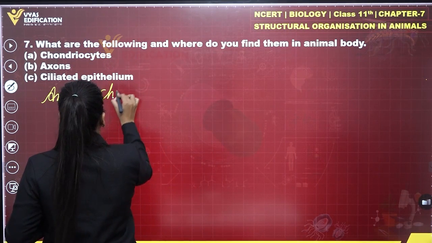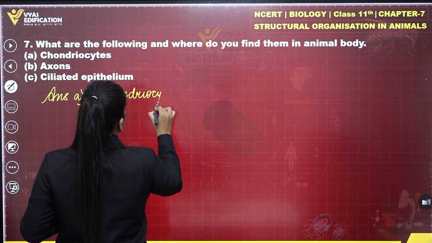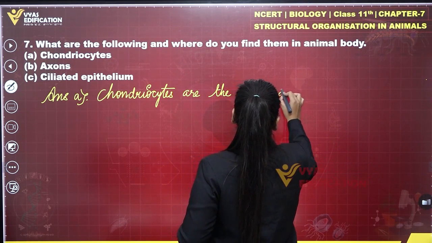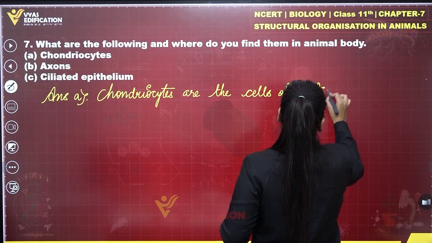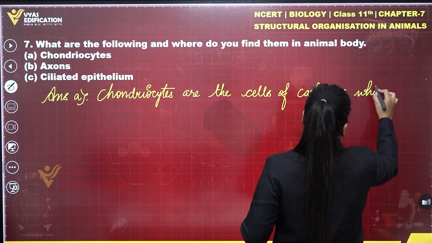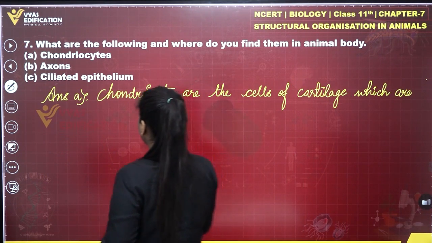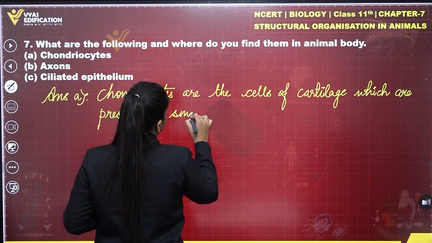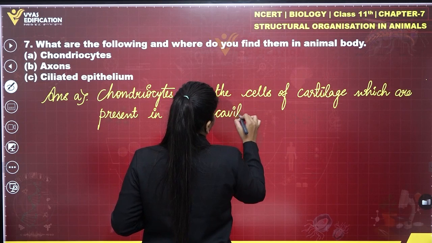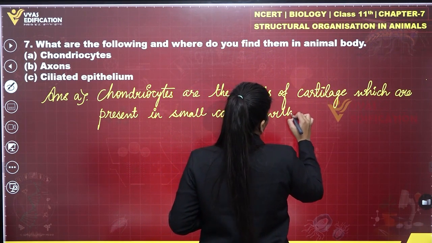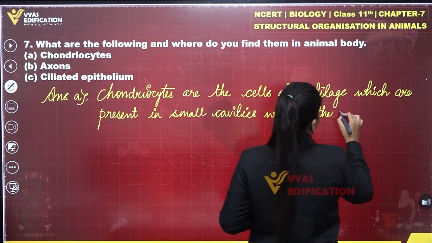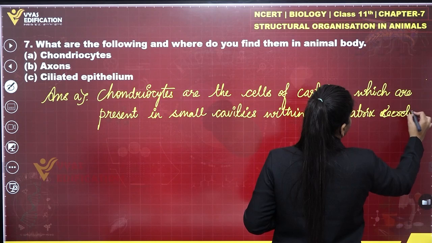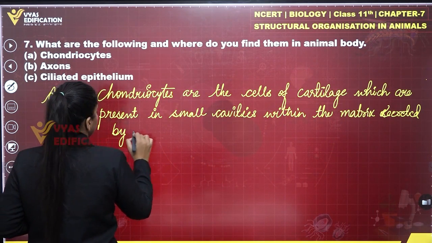So chondrocytes are the cells of cartilage which are present in small cavities within the matrix secreted by them, right?